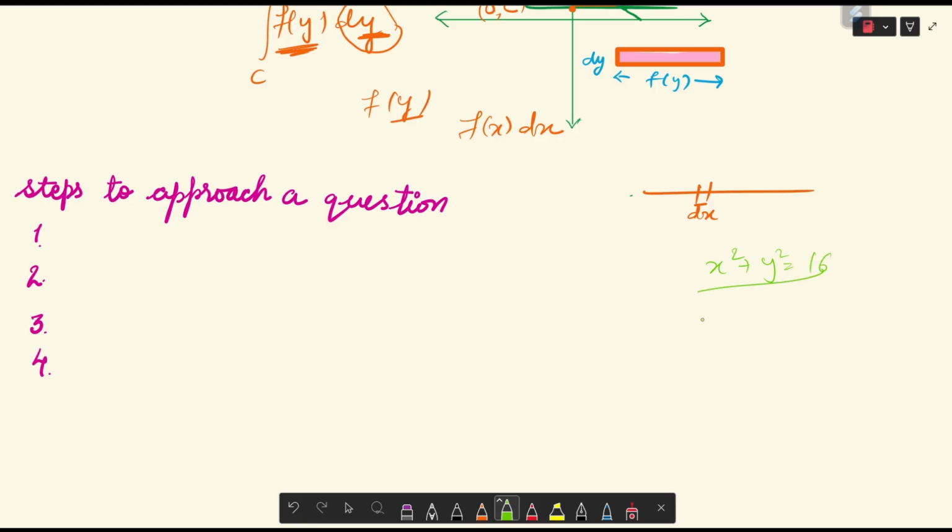So I hope you are all well aware that this is a circle centered at 0 0, of radius 4, right? So you must be aware of the equations of standard curves, like parabola, circle, ellipse, hyperbola.